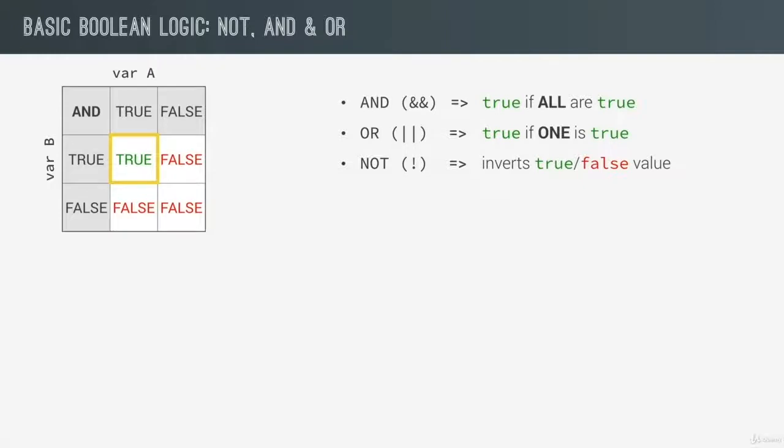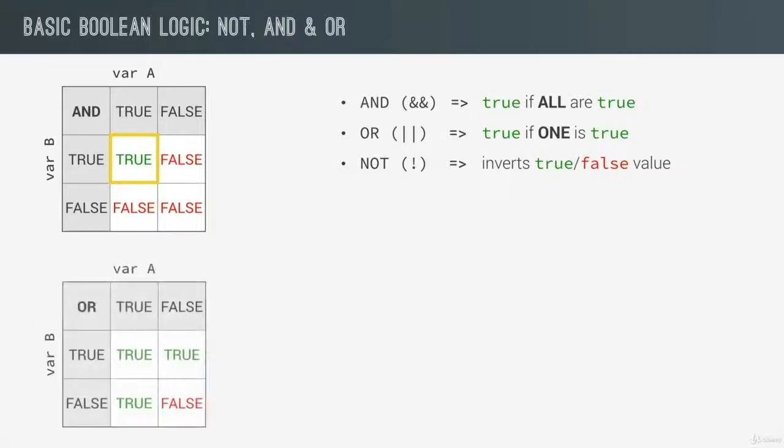And in all other cases, the result will be false. And that's why it's called the AND operator, because a and b must both be true in order for the result to be true as well. So if either a or b is false, well, then a and b will become false as well. And the same applies if there are more than two variables. Only if all the variables are true, then the AND expression will become true as well.